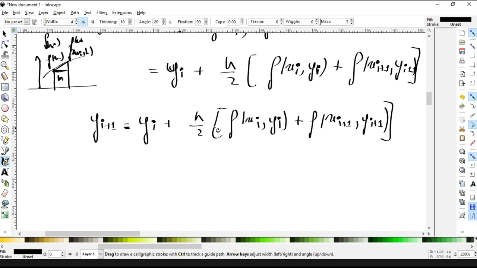So you have yi plus 1 equal to a function of yi plus 1, and you don't obtain a direct relationship. You have to solve a linear equation, and for each step you need to solve an equation. So this is an implicit method.